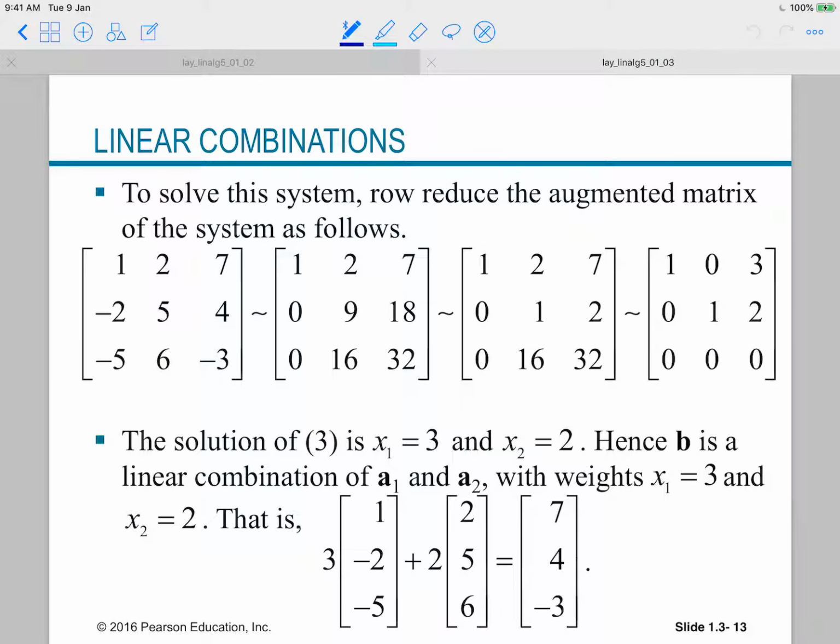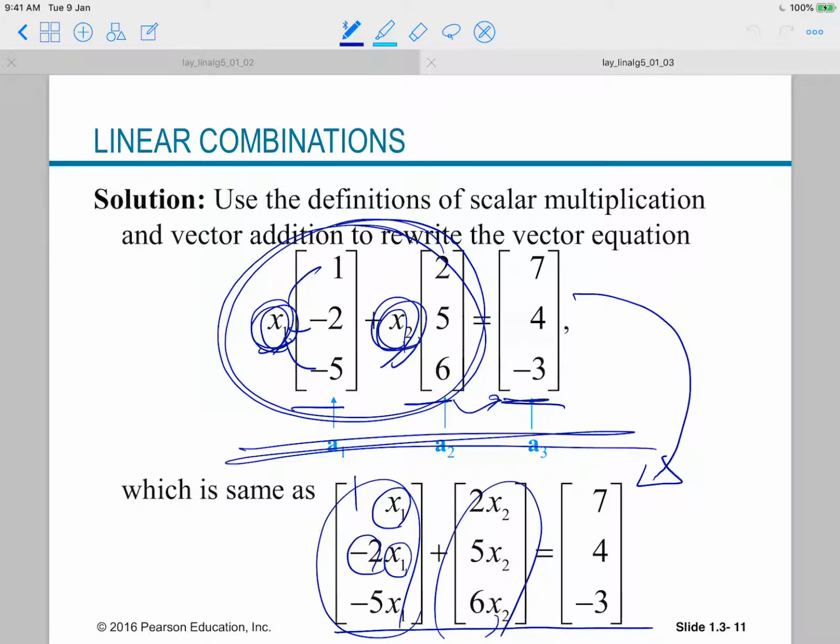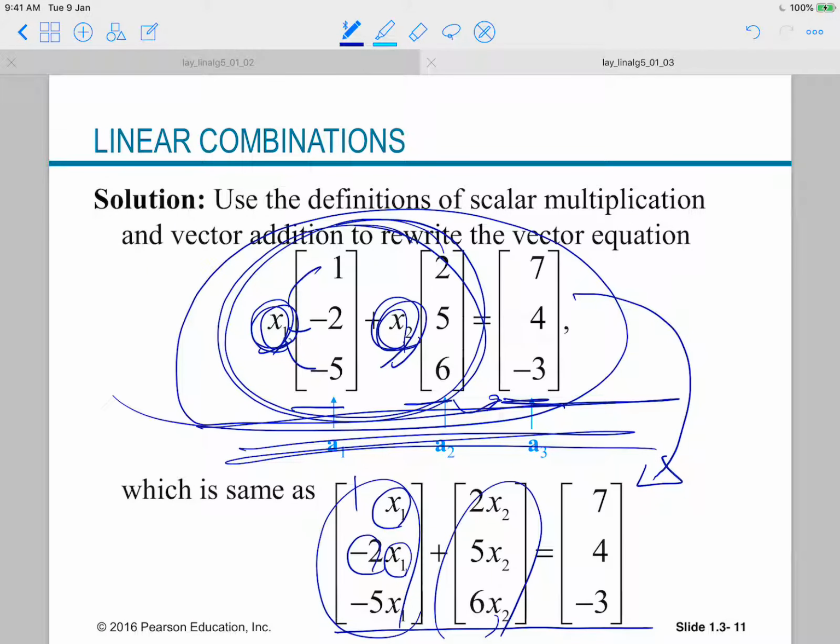And then the rest of the story, or how to actually solve this. By the way, this is called a vector equation because we are simply given an equation where these vectors on the left and the right hand side should be the same. So it is simply called a vector equation.